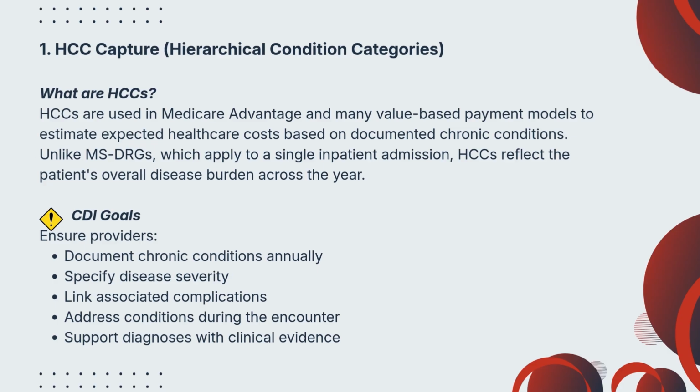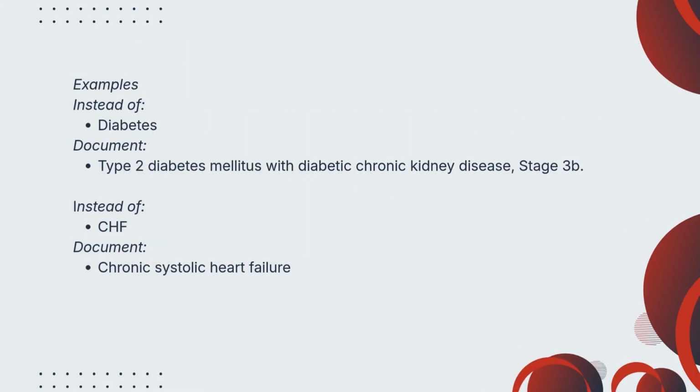Ensure providers document chronic conditions annually. Specify disease severity. Link associated complications. Address conditions during the encounter. Support diagnoses with clinical evidence. Examples: instead of diabetes, document type 2 diabetes mellitus with diabetic chronic kidney disease, stage 3B.